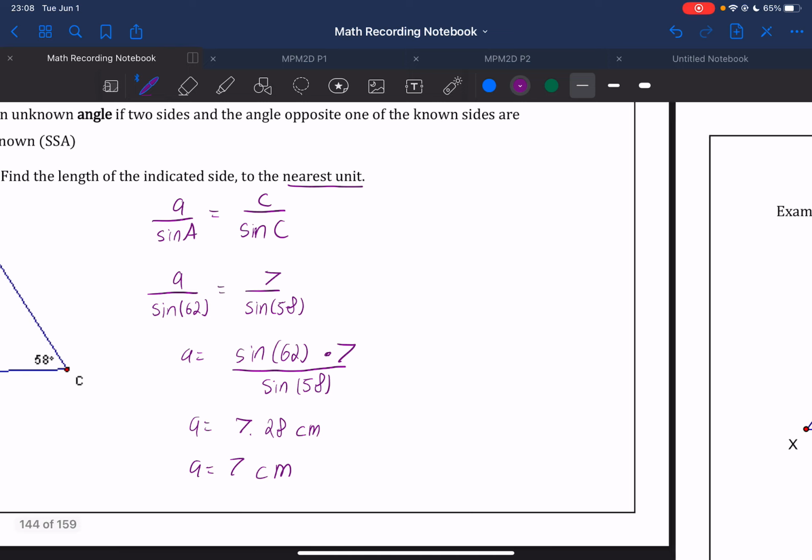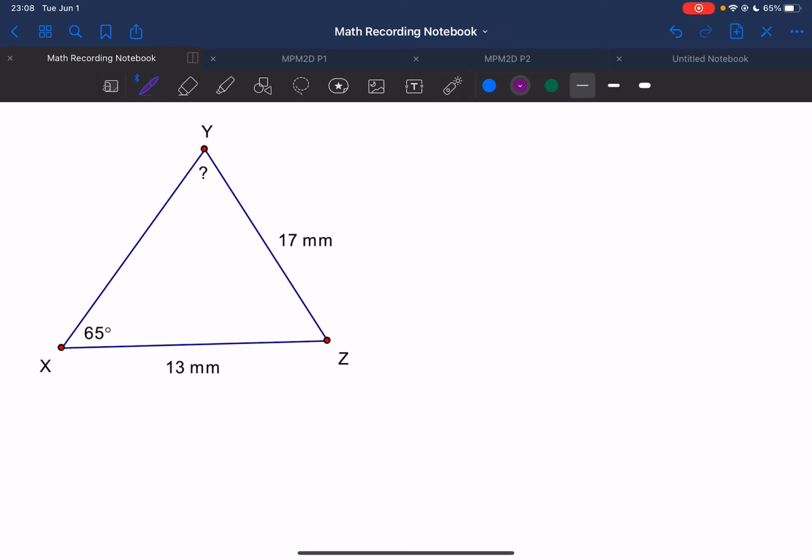Let's look at another one. In this case, we have an angle and two sides. We want to find out angle y. What we can do is start off by saying which angles are across from which sides. Across from 65, we have side tiny x, and across from angle y, we have side y.